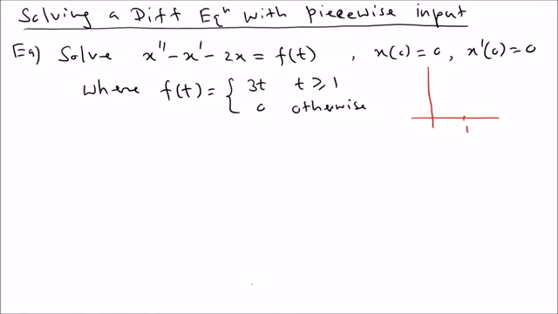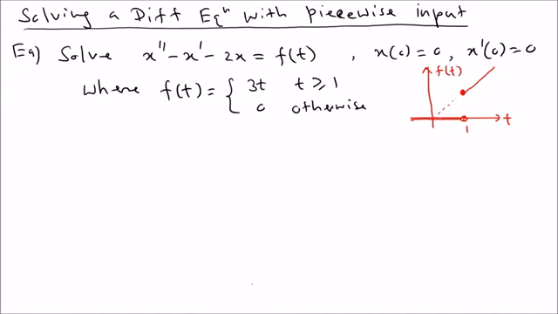At 1, it exactly starts with the 3t graph, and it's going to follow that. So that's how the f(t) function looks. At 1, it jumps to that, and until then it stays 0, so no input, and all of a sudden it exerts some input like voltage or current, which changes linearly.